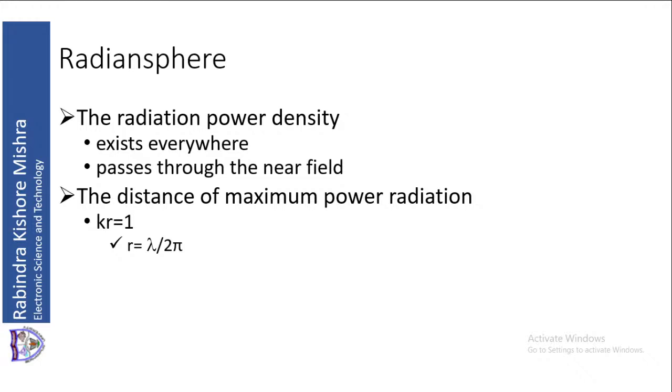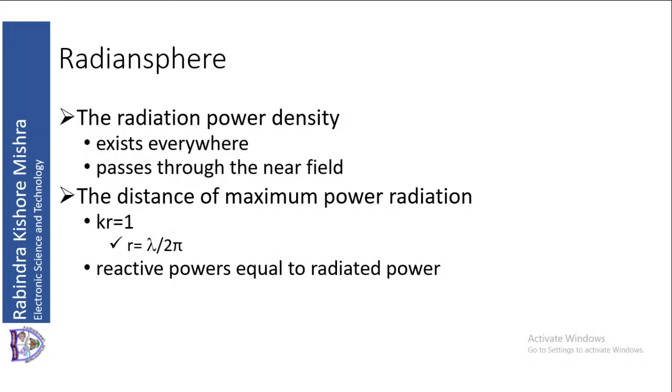So if you go a distance lambda/2 pi from the Hertzian dipole, from that point onward you will get the radiated field, but up to the point lambda/2 pi, the reactive power will be dominating. So at R equal to lambda/2 pi, the reactive power is equal to the radiated power. Beyond that, the radiated power will dominate. Below that, the reactive power is dominating.